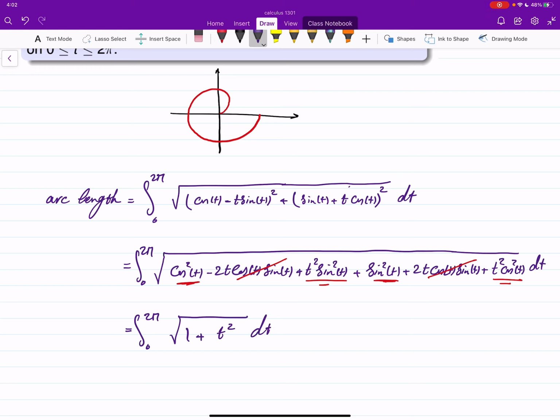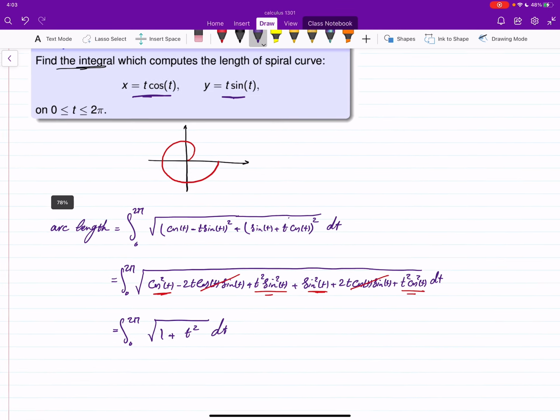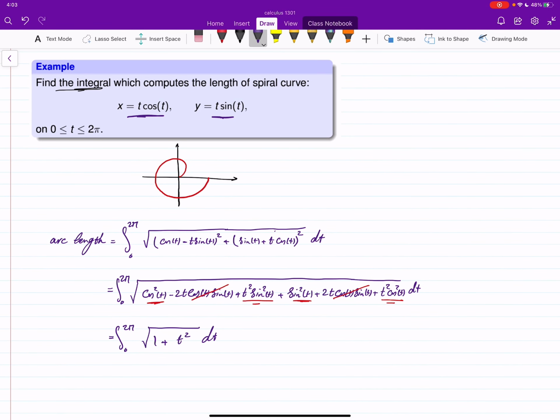So this is the integral which will give us the arc length of this spiral. The question is asking for the integral. I suggest you continue and evaluate this integral. This is nice practice. You have to do several things to evaluate that, but I will leave it for you to find the value of that integral.